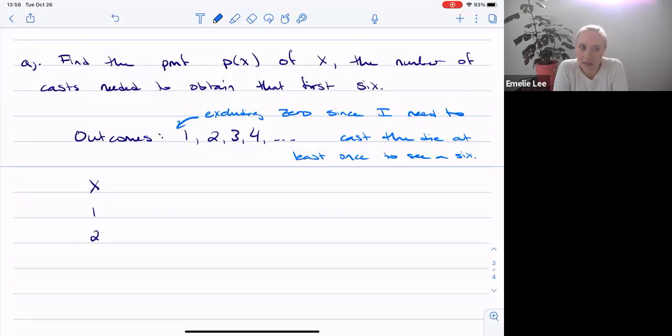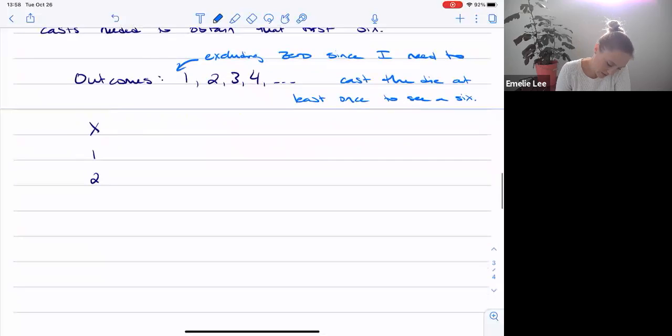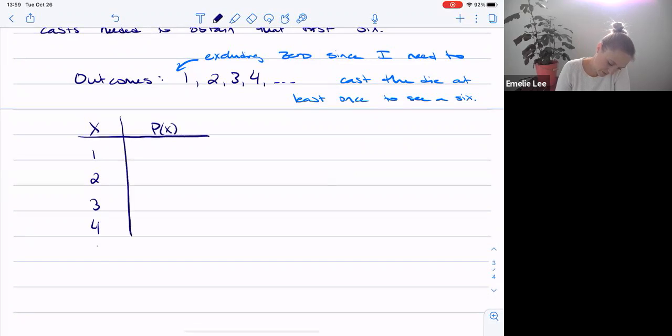So you could look at that, but it's not going to contribute anything in this case. So I've got 1, 2, 3, 4. Then I can find the probability of x, and maybe I'll use a capital P here. Probability of x. This keeps going, of course.